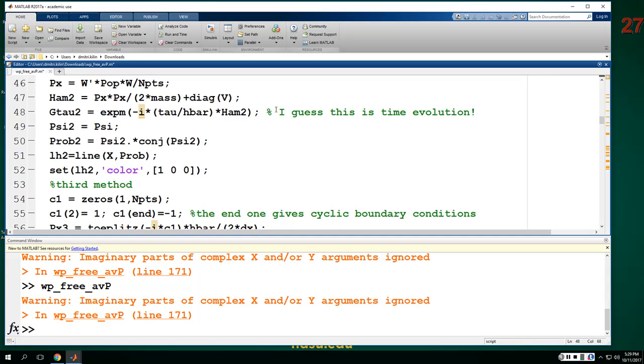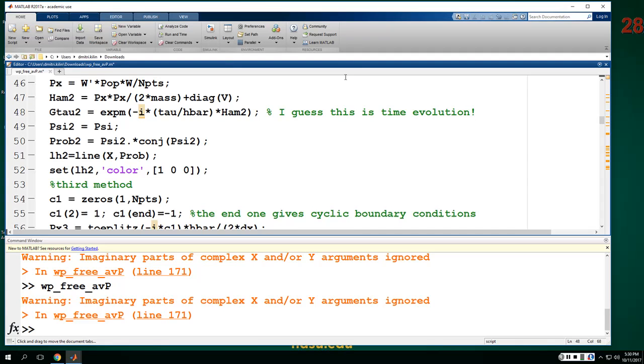The code is more or less general, but if we scroll up, we should identify that V is set to 0 to describe a free particle. But later on we can modify V.